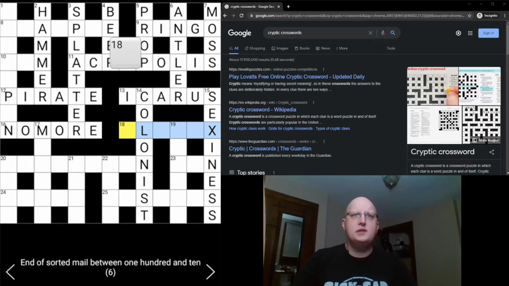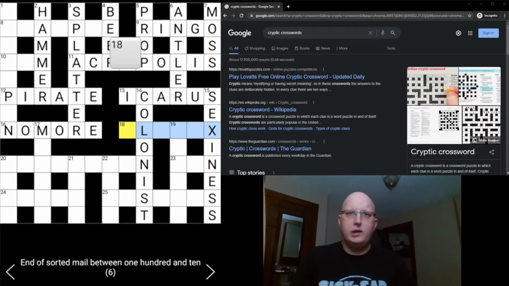End of sorted male between 100 and 10. End of sorted, should be D, presumably. Male. So 100 would be the Roman C, and 10 at the end there is X, Roman numerals.